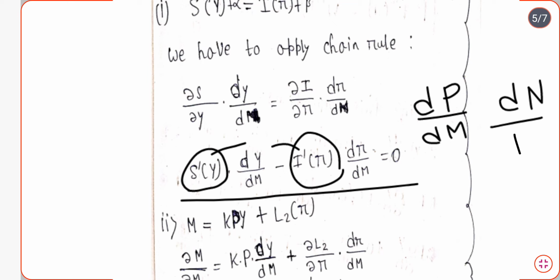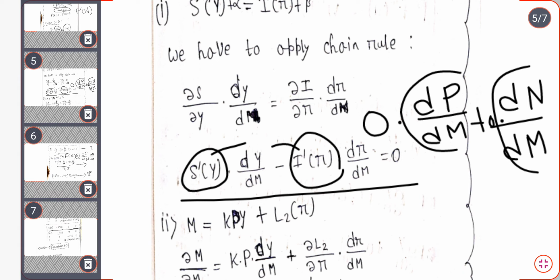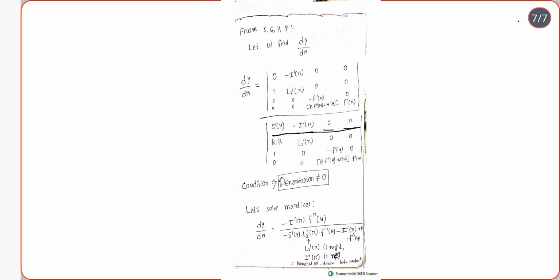Now dp/dm and dn/dm are not in this equation, so we take them as 0 into dp/dm plus 0 into dn/dm. Anything multiplied by 0 becomes 0. So the coefficient of dp/dm and dn/dm for the first product market equilibrium condition is 0. That's why we are putting 0 in the other two places.